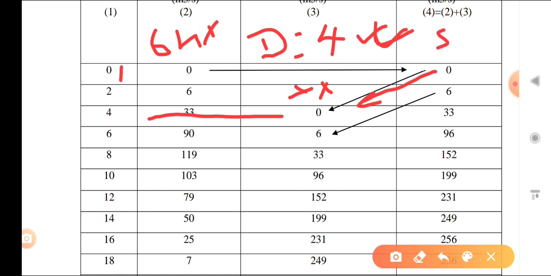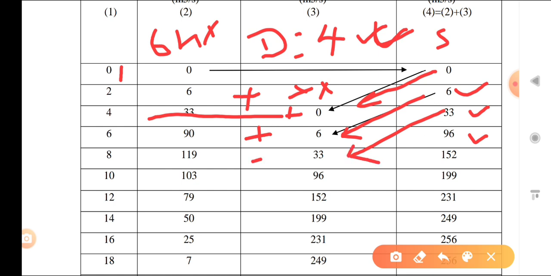So the first is 0, and second is 6 plus 0, it is 6, and that 6 goes just below the 0. The next is 33 plus 0, it is 33, and the next, 90 plus 6, it will be 96, then 33 again goes below.